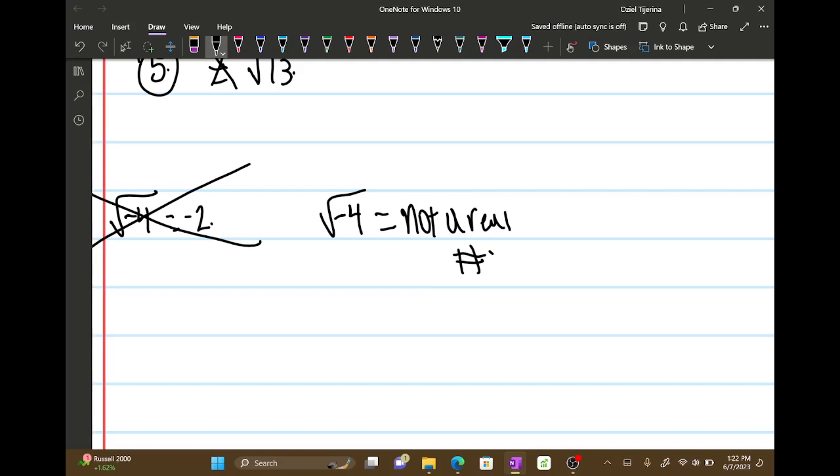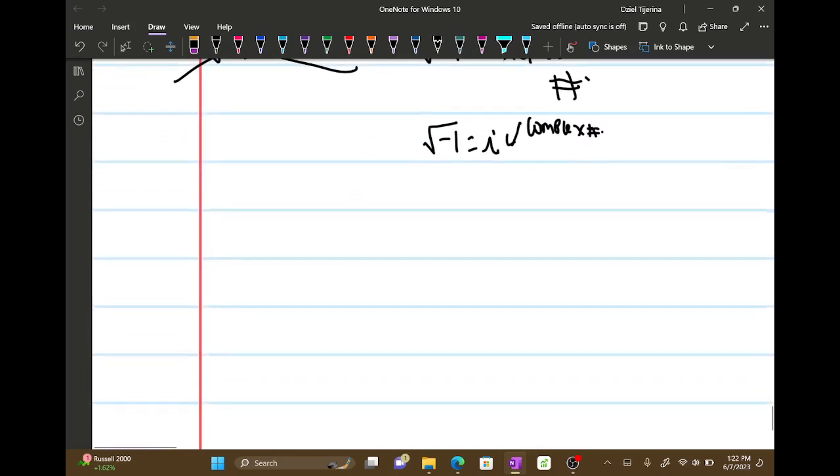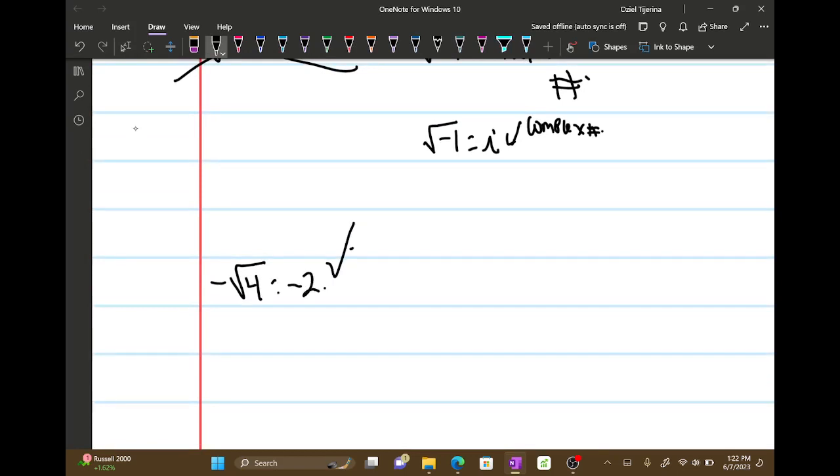In algebra, you learn that the square root of -1 is i, which is a complex number, but I don't want to make this video too complicated. We cannot say that the square root of a negative is just a negative, because it's not true. You can say negative the square root of 4 is equal to -2. That can work. But you can't say it the other way around.